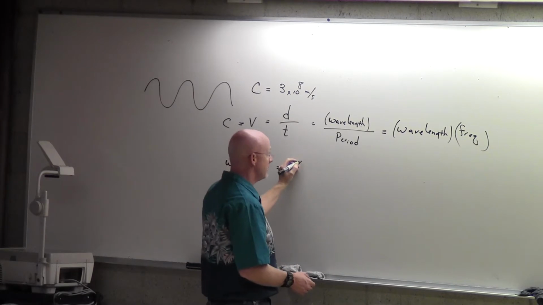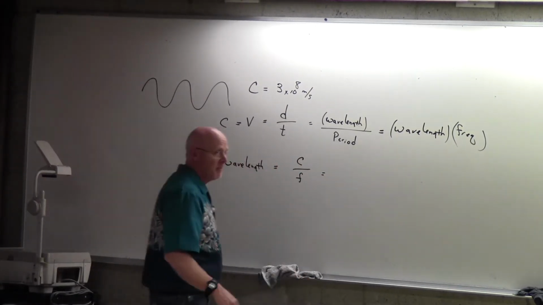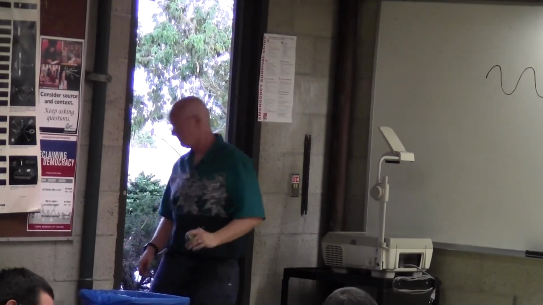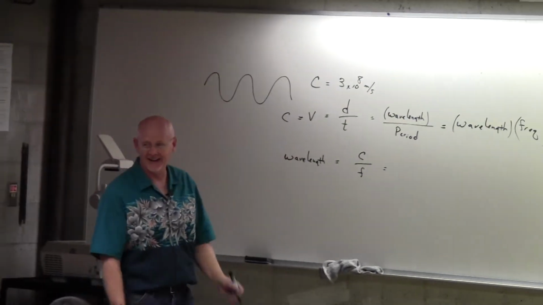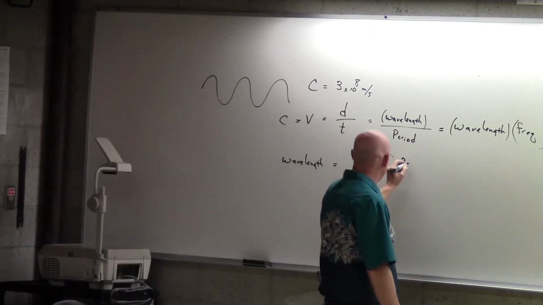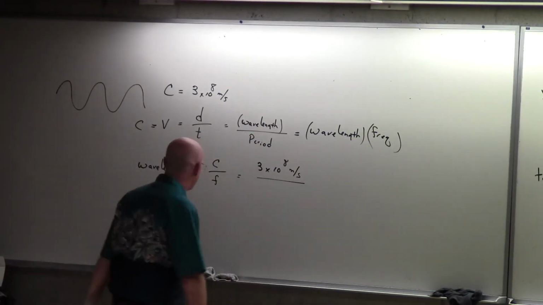We would get c divided by their frequency. That's obnoxious. All right. And in this case, c would be 3 times 10 to the 8th meters per second.